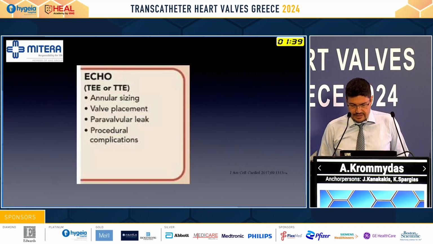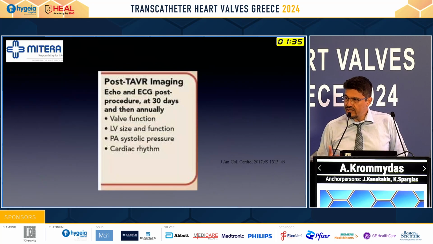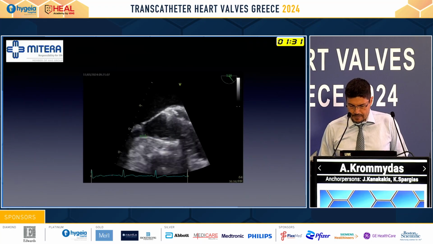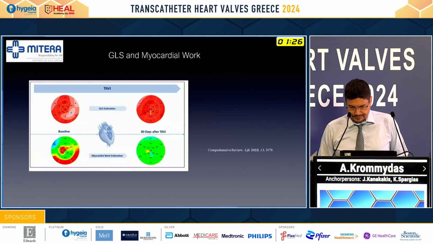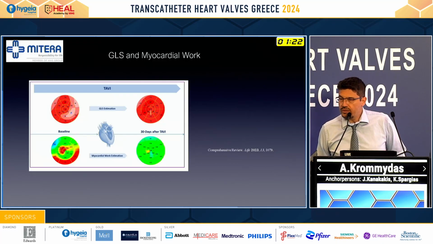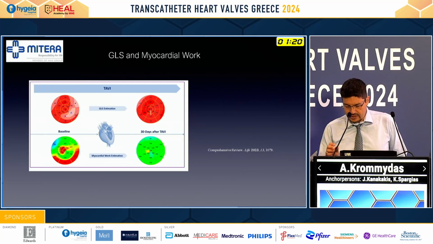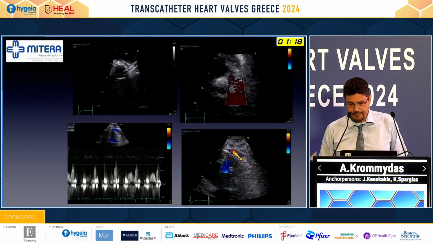This is summarized here on the decision pathway outline on the right side with the heart team decision. Then we're assessing the paravalvular leak, procedural complications, and after TAVI, again, the valve function, the left ventricle, and the systolic pressures. A small vegetation in TAVI, and we can use advanced echocardiographic software with GLS and myocardial index to assess the prognosis as well.